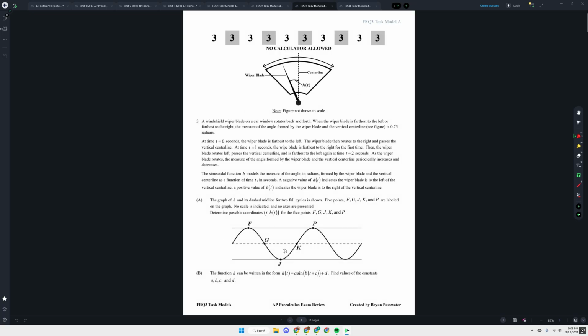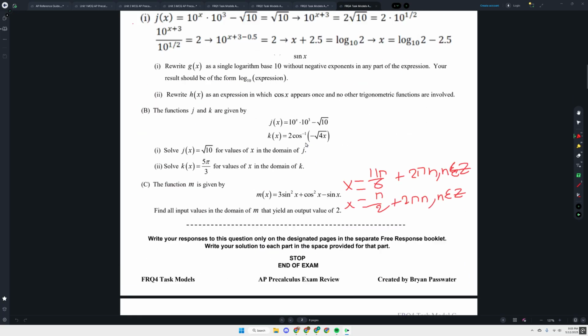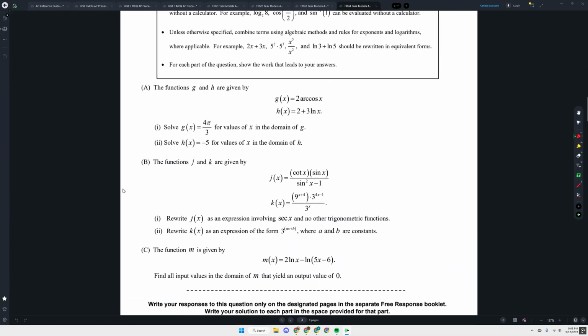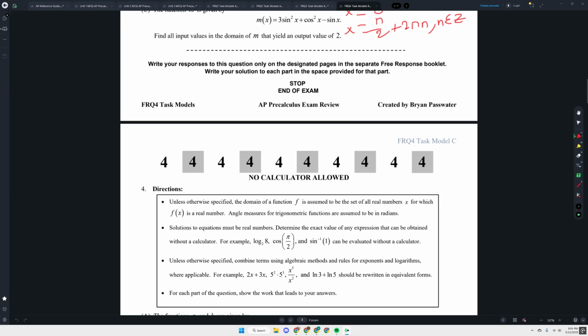FRQ 3 is this trig one, and FRQ 4 is just solving. Hold up, 30 votes. Okay, we're doing FRQ 4 because that has a clear winner, 18 to 7 to 7. So we're gonna do FRQ 4.